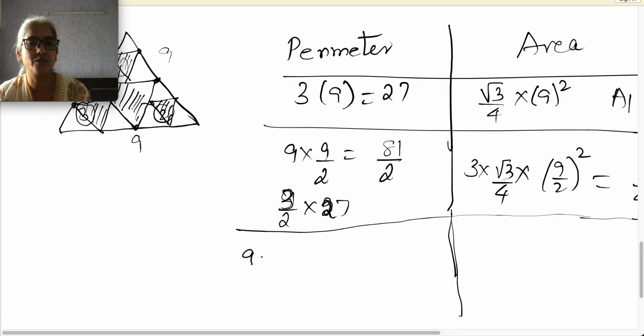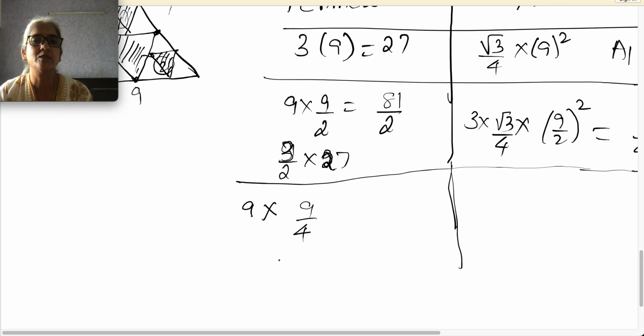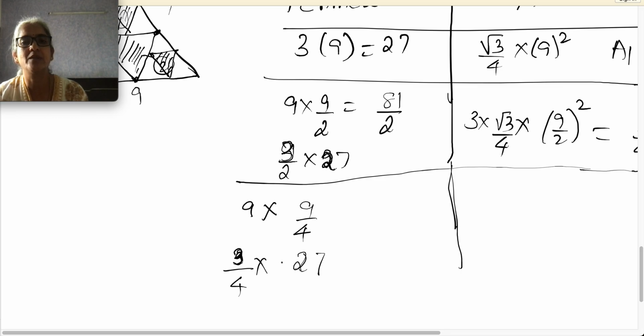There are 9 triangles, each of side 9 by 4. But I wanted to preserve the first, the 27, right? So I'll take 27 outside. So what will be left is 9 by 4, 3 by 4 times 27.